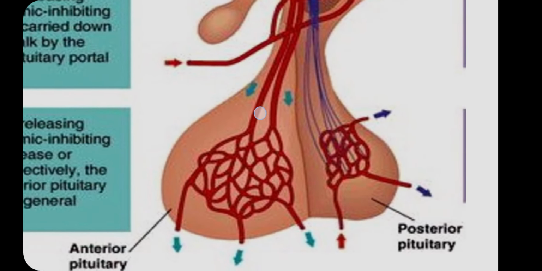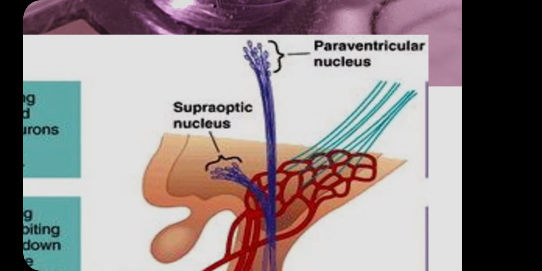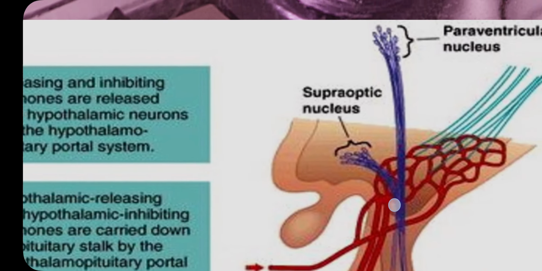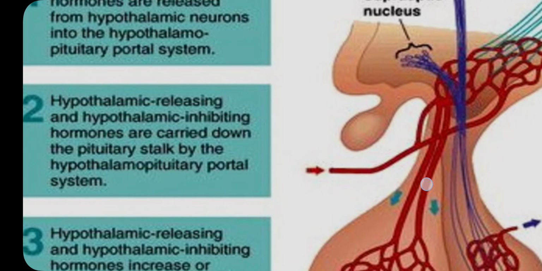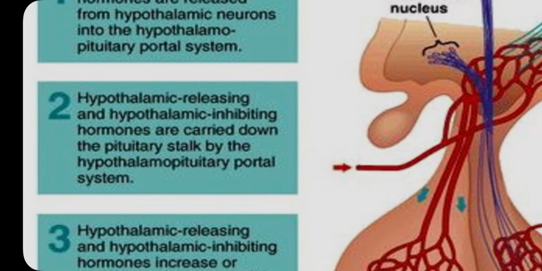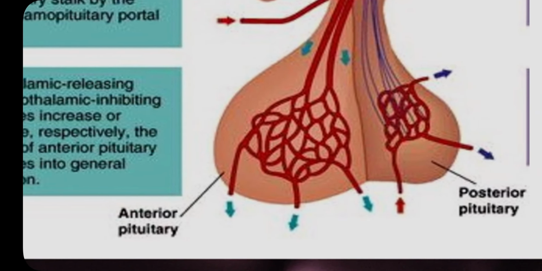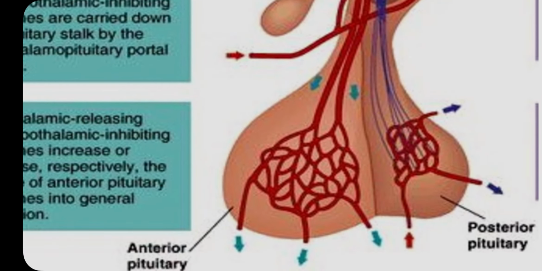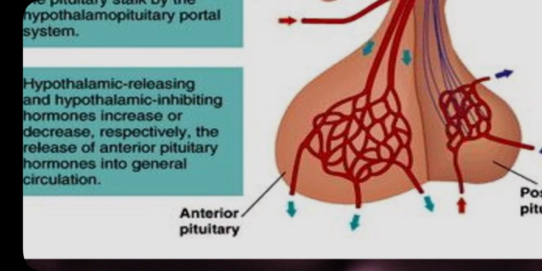This is the anterior pituitary part and this is the posterior pituitary part. So you can see in the diagram how the hormones are released at the hypothalamic neurons and then drained through the hypothalamo-pituitary portal system into the anterior lobe of the pituitary, and here they have an effect on the release or inhibition of certain anterior pituitary hormones.